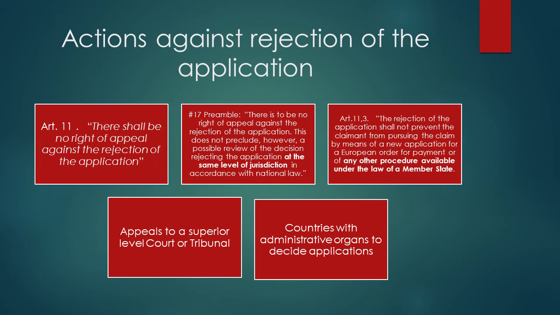Article 11.3 says the rejection of the application shall not prevent the claimant from pursuing the claim by means of a new application for a European order for payment or for any other procedure available under the law of the member state. It's also a very wide provision that will allow the applicant to present his application again, or to go to any other procedure available under the law of the member state. I believe it refers to an ordinary civil procedure.